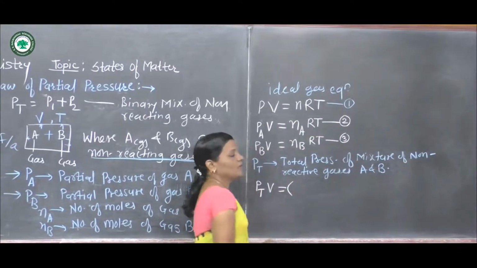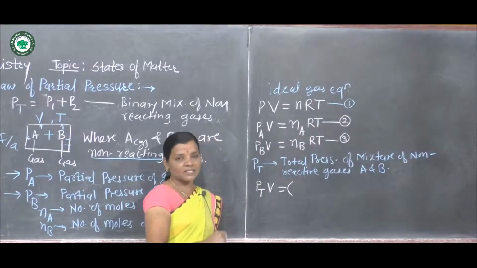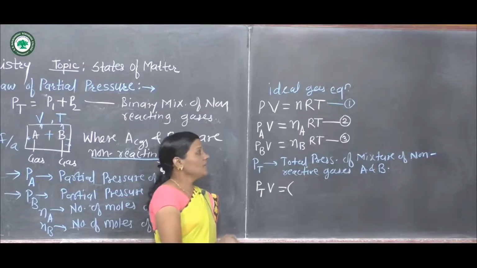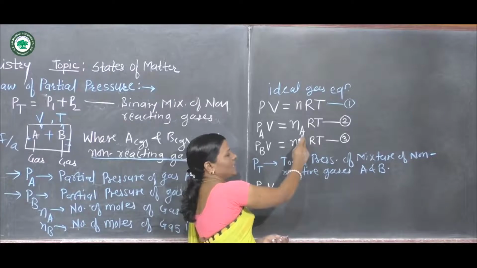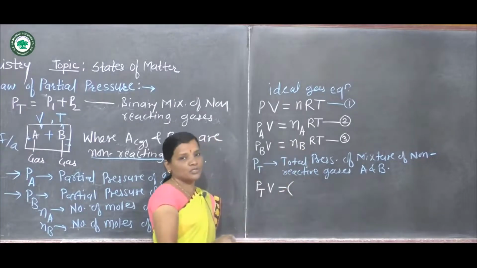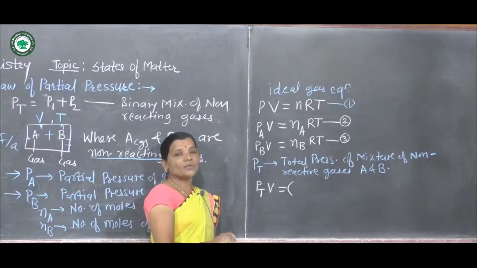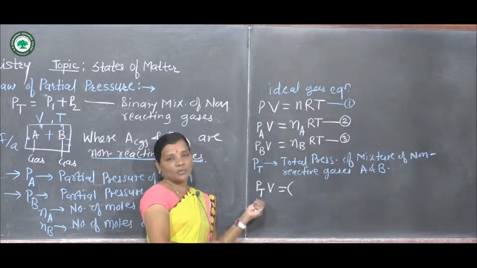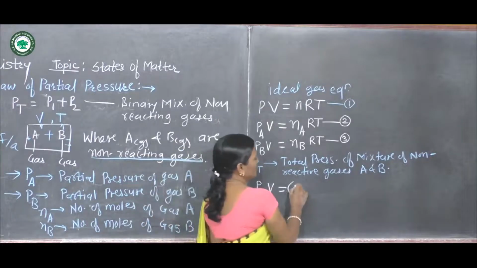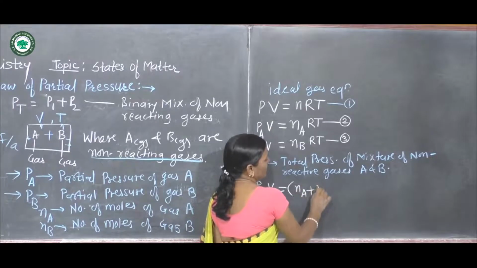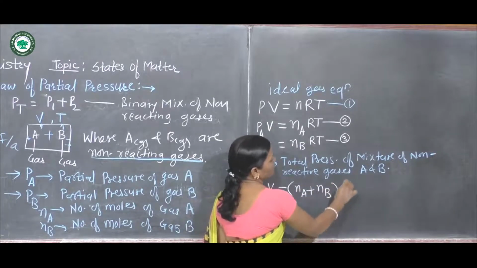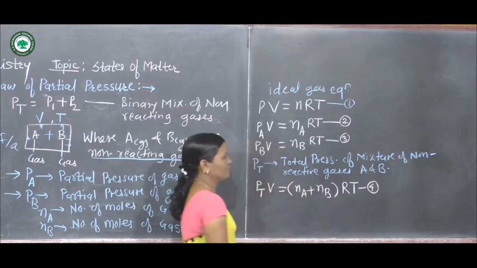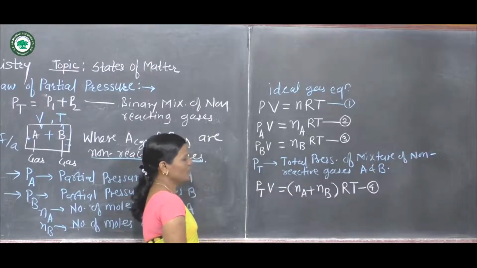In that container two gases are considered, gas A and gas B, with Na the number of moles of gas A and Nb the number of moles of gas B. So here we have to consider the sum of their number of moles for the equation of total pressure. So we can write PT V is equal to Na plus Nb into RT, and suppose this is equation number 4.